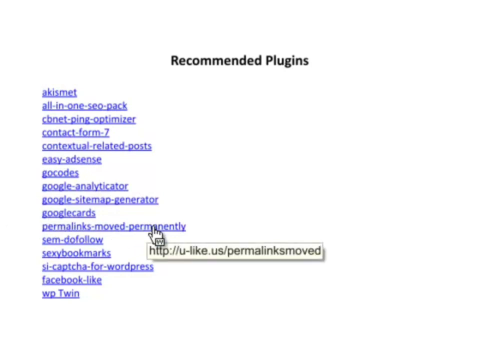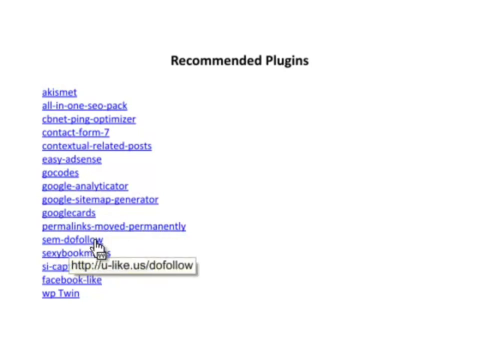Permalinks move permanently: if you ever change your permalink structure, which we'll go over in a little bit, this plugin helps direct those old URLs to the new URLs. The do follow plugin: anytime somebody comments on your site, by default WordPress makes those comments no follow.